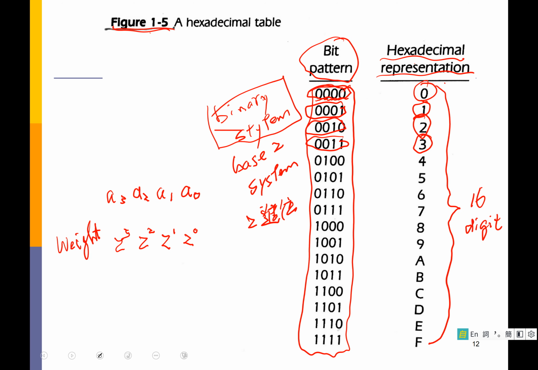Now, 2 to the 0 is what? Is 1. 2 to the 1 is 2. 2 to the 2 is 4. 2 to the 3 is 8.